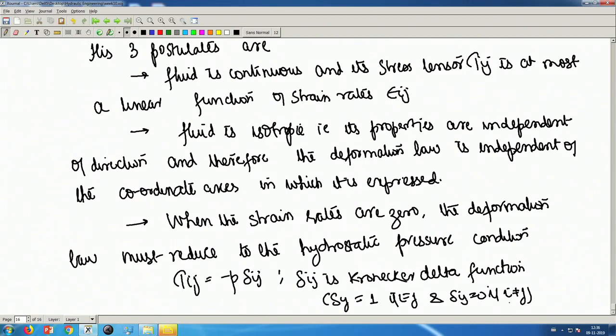All right. So, these were his 3 postulates that Stokes said. So, the last postulate is valid for the hydrostatic pressure condition.